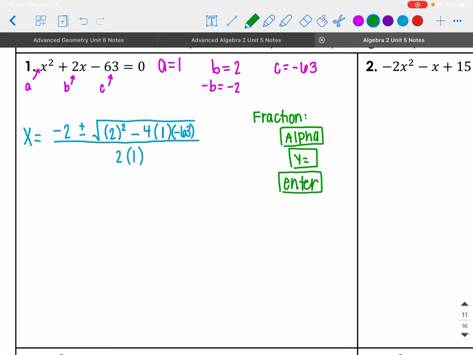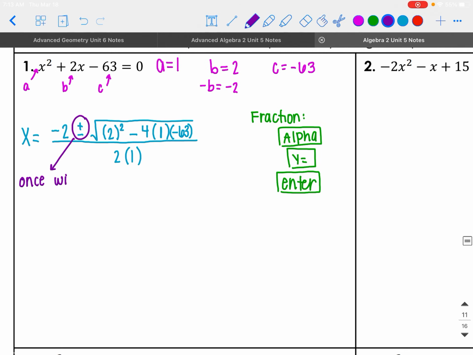Don't change anything. Negative 2. Now, if you look at your calculator, there's no plus or minus button. You do it once with plus, and then you do it again once with minus. We're going to get 2 different answers. So I'm going to do plus first.